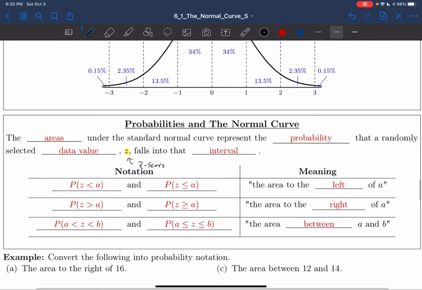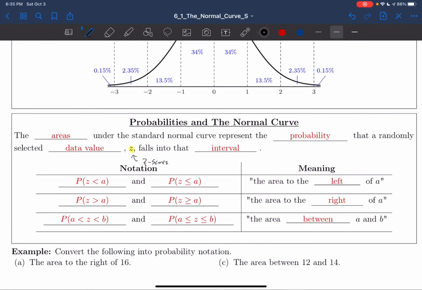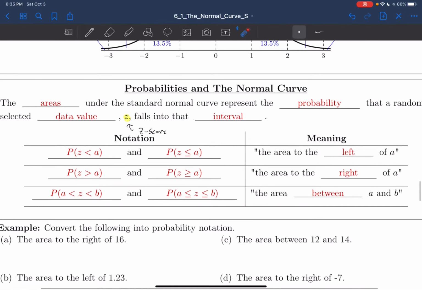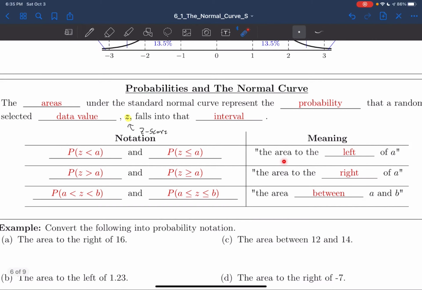Okay, now I'm going to talk about some notation that we're going to see a lot. When we say find the probability that z is less than a value a, or less than or equal to a, this means in words the area to the left of the value a, where a is just like a number.